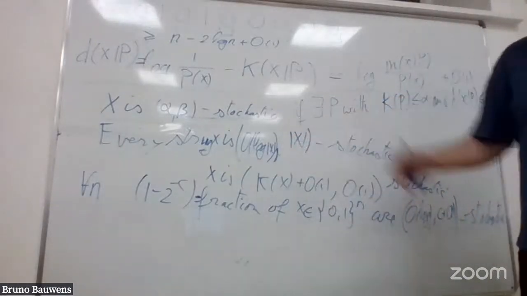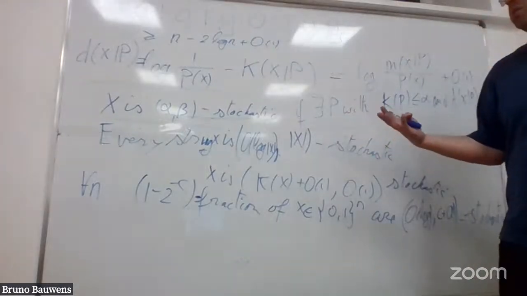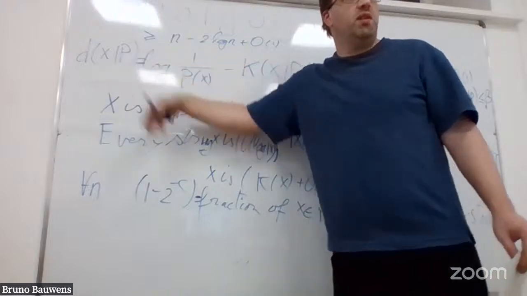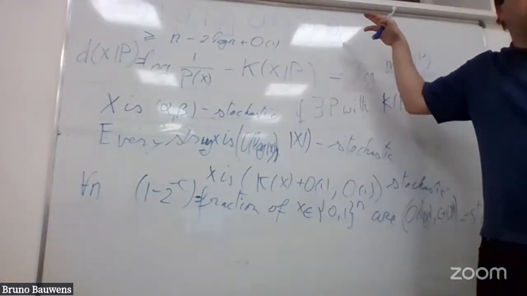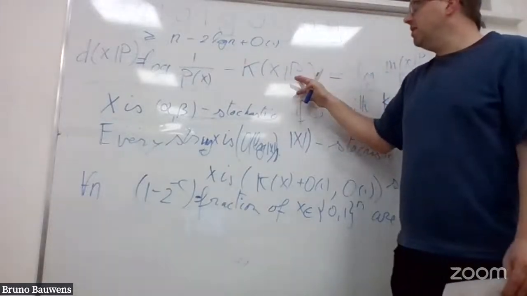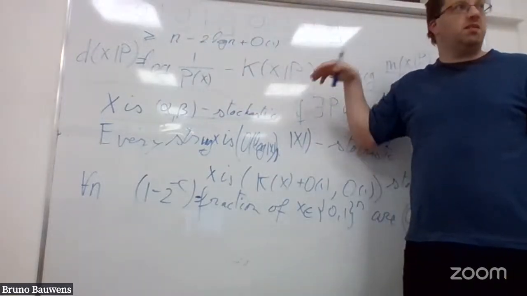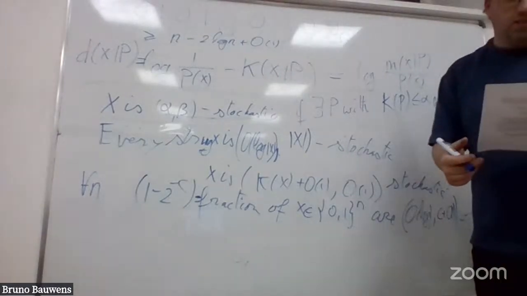It can happen that for specific strings the randomness deficiency is big, but then, for example if there are a lot of zeros in the beginning, we can make another measure P that has all zeros in the beginning, and this measure P makes the string stochastic. Okay, it's too philosophical. Let's not worry about this.